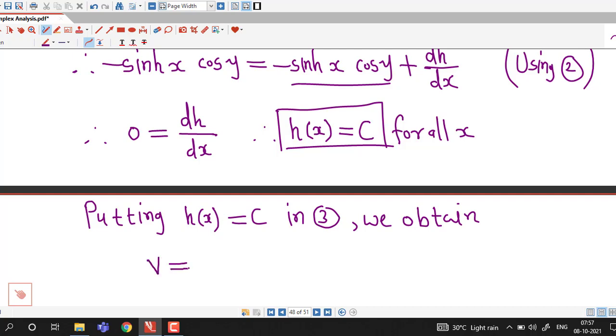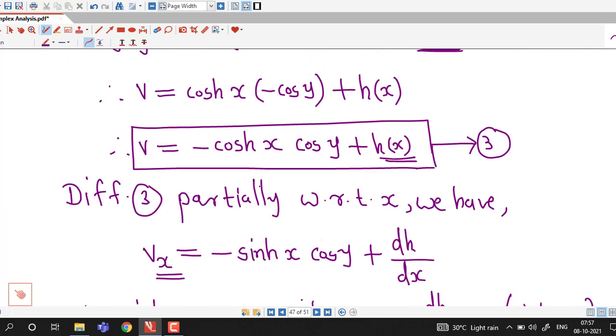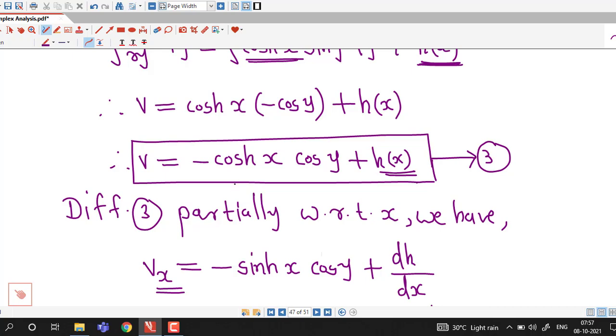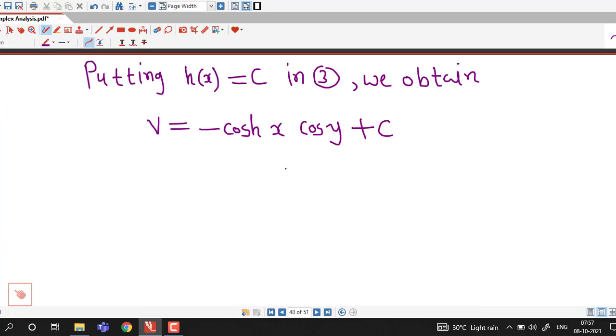So v equal to minus cos hyperbolic x cos y plus c. Let me check again. Minus cos hyperbolic x cos y plus h(x) is c. So this is the required harmonic conjugate.